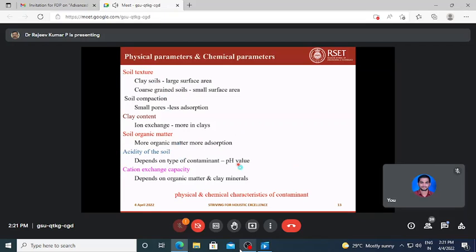At the same time, the physical and chemical characteristics of the contaminant also alter the soil structure and clay content, or even the acidity of the soil, etc. Okay, these are general terms commonly used when we talk about the transport processes in the geo-environment.